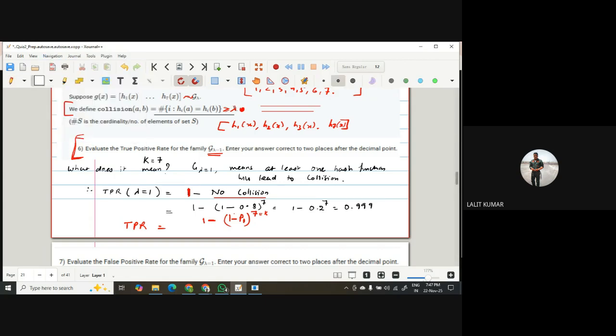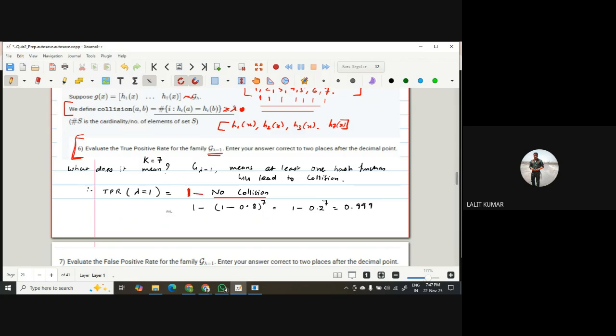So your collision has not taken place. It is asking TPR for G lambda is equal to 1. It means for at least 1 collision has taken place. So it can take place for 1 also, 2 also, 3 also, 4 also, 5 also, 6 also, 7 also. So we have to consider all cases. And that is nothing but 1 minus no collision.